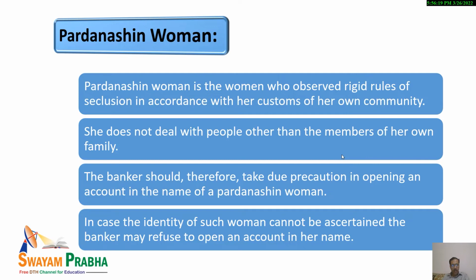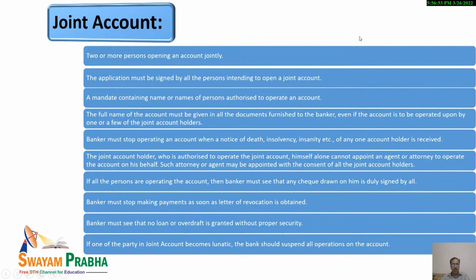In case we are unable to ascertain the identity, the bank may refuse to open an account in her name, as afterwards it will become very difficult for the bank to identify the woman. So the bank may avoid it in case there is some identity dispute, or such a woman does not have any I card or her identity can't be ascertained. So the banker may refuse to open an account in her name. It should also be kept in mind.